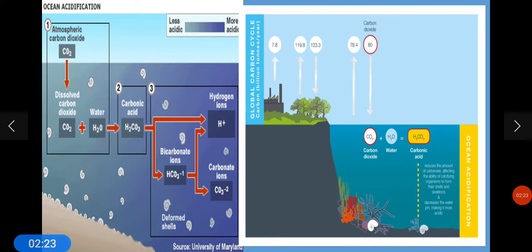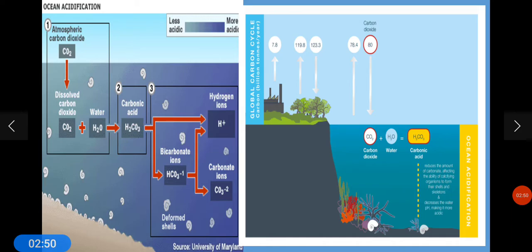So there is now a mixture of carbon dioxide and seawater. Once it mixes together, it will form or produce carbonic acid. So this carbonic acid will dissociate or split apart, and it will produce bicarbonate ions.